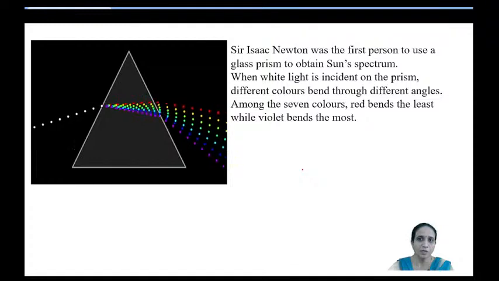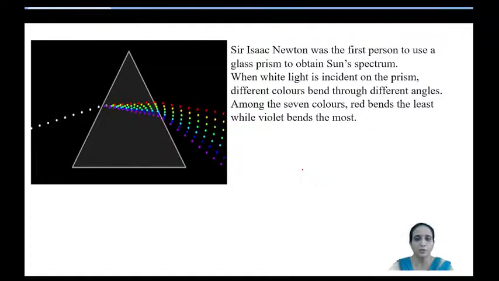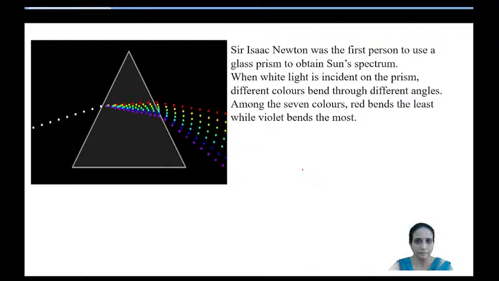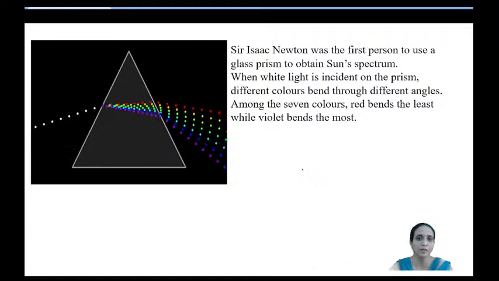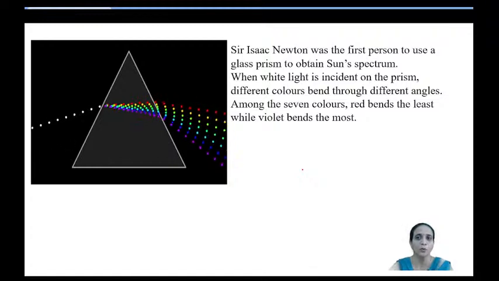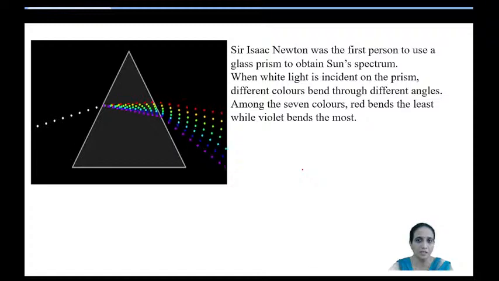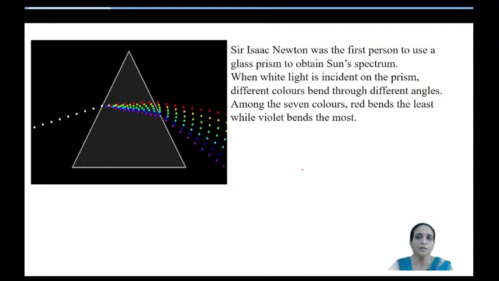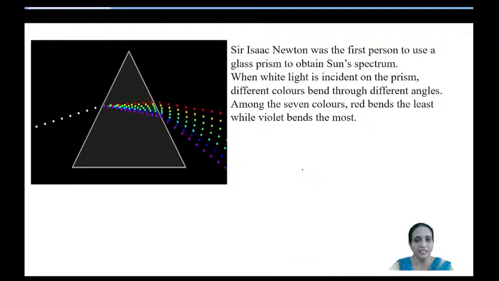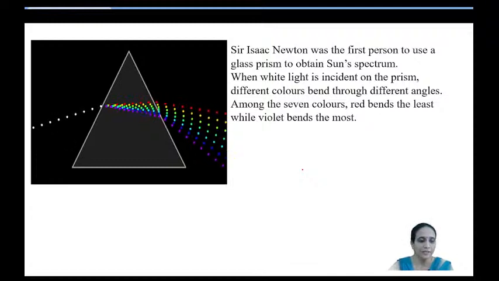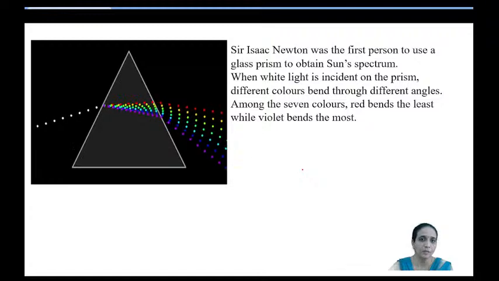Sir Isaac Newton was the first person to use a glass slab to obtain the sun's spectrum. When white light is incident on a prism, different colors bend through different angles. Among the 7 colors, the red color bends the least, while the violet color bends the most.